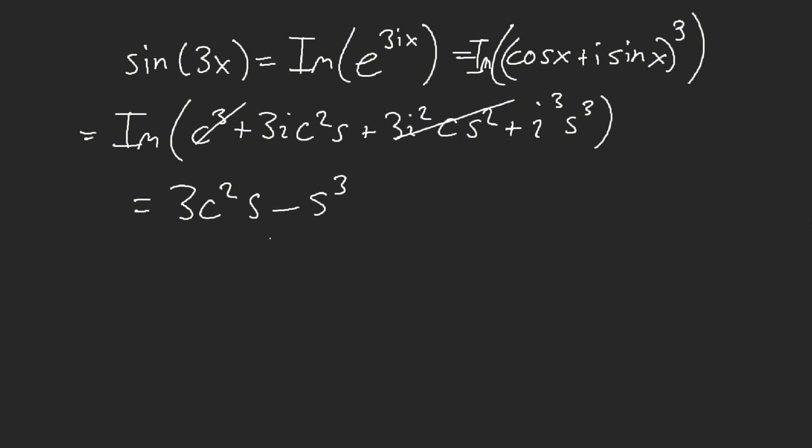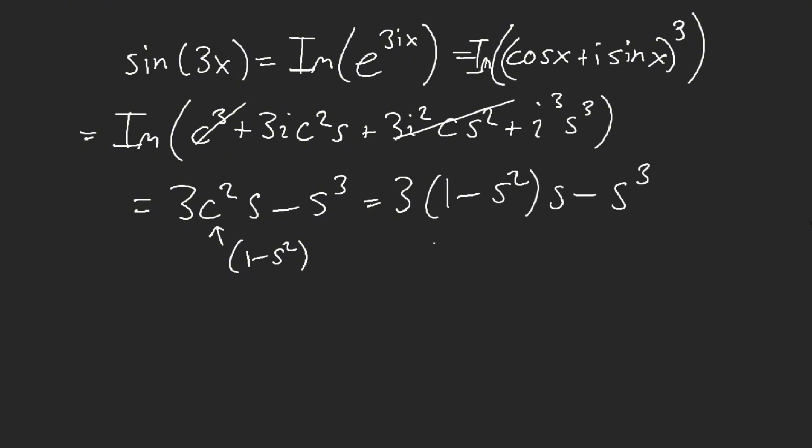And then to put everything in terms of sines, you just let this be 1 minus sine square. So we get 1 minus sine square times s, minus sine cube. We get 3s minus 3s cubed, minus s cubed. Did I do this correctly? Yes, I did.